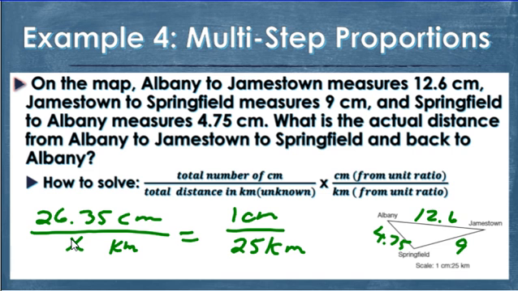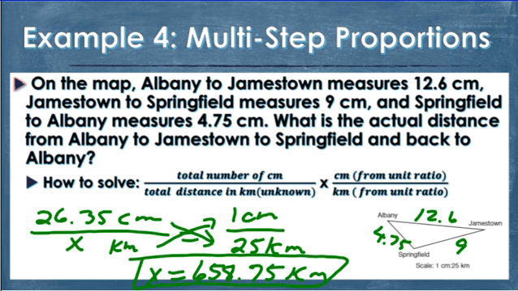So we can cross multiply and divide, but since we're really going to be dividing by 1, let's just do 26.35 times 25, and that will give us a kilometer, or X equaling 658.75 kilometers. All I do is cross multiply and divide. So that would be our answer.